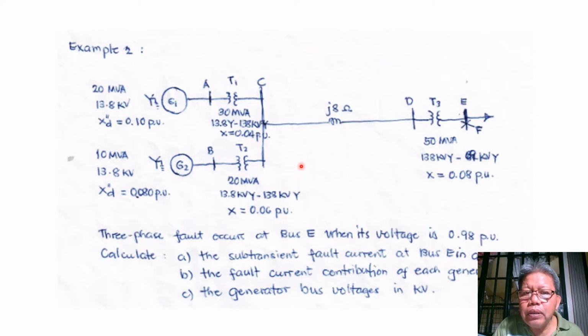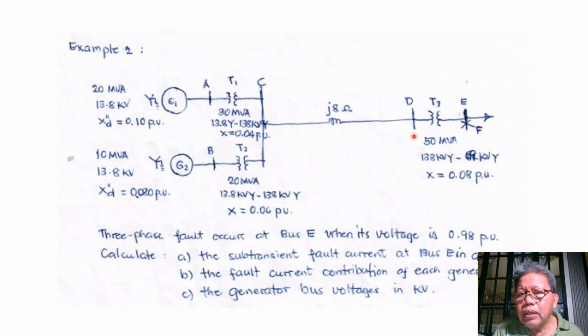Now between the 138 kV bus C, we have a transmission line to point D, or bus D, where the transmission line is represented only by its reactance value, which is equal to 68 ohms. This is the actual value of the reactance of the line. Its resistance is neglected in this case.